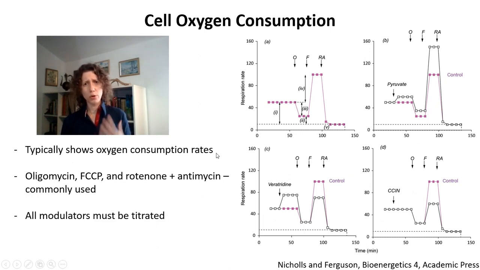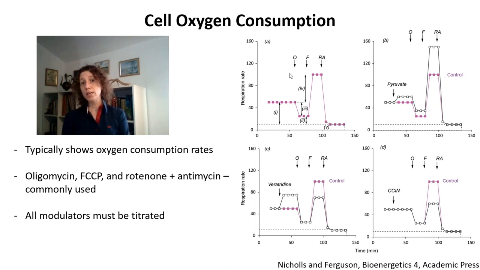A very important point about the modulators you're going to use, and you're not only going to use oligomycin, FCCP, and rotenone antimycin, you might use other modulators too, is that you must titrate these modulators. Because typically these are substances that are membrane permeable, therefore lipophilic. They're going to accumulate in membranes, and if you use too much of them, they're going to have toxic effects.